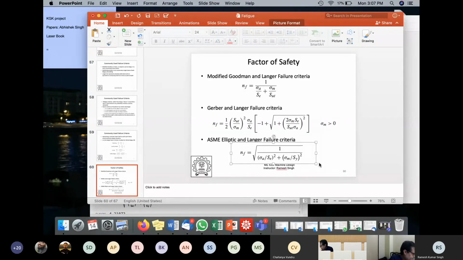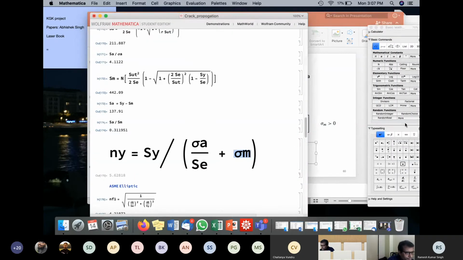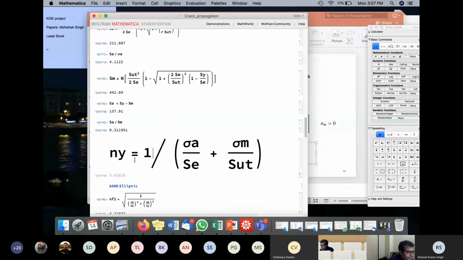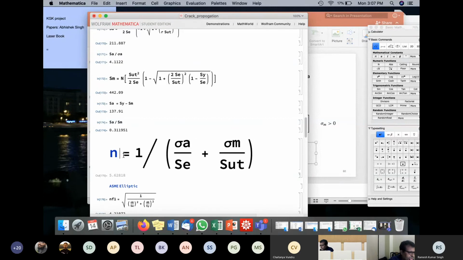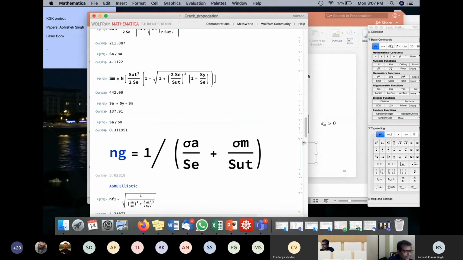Is that correct? Sigma M by SUT. And this will be 1, and this will be NG. Let's see what we get.